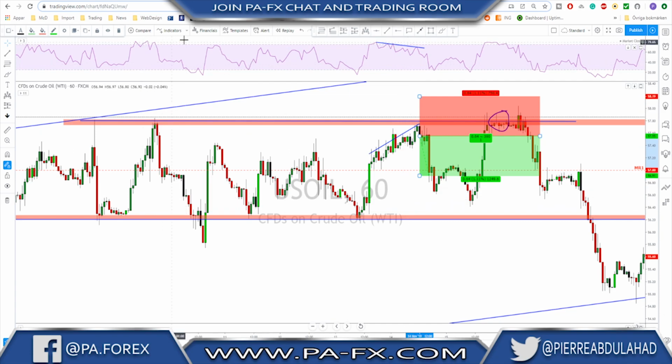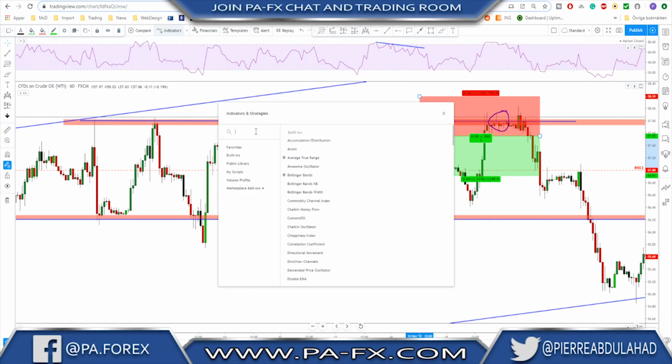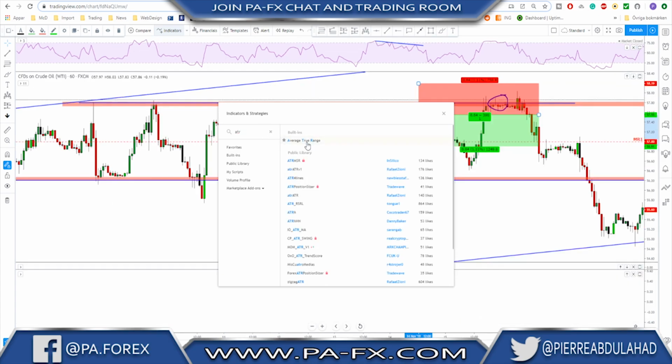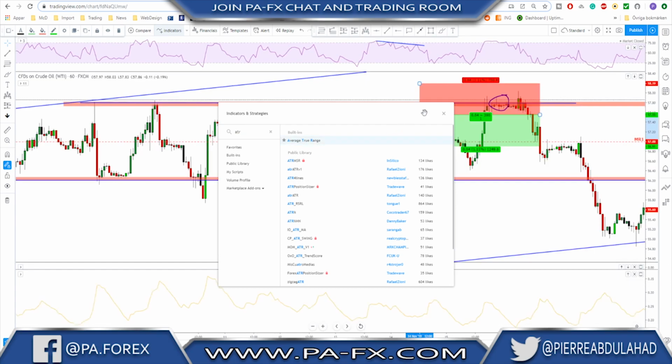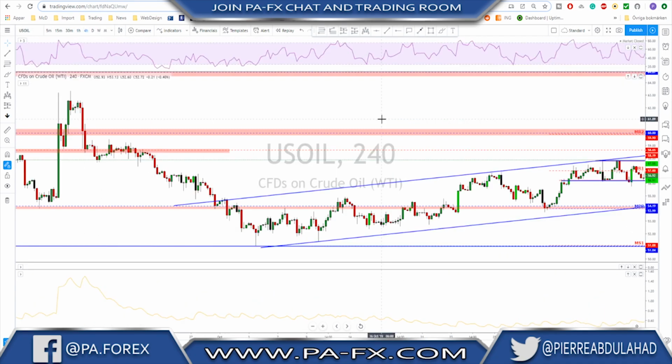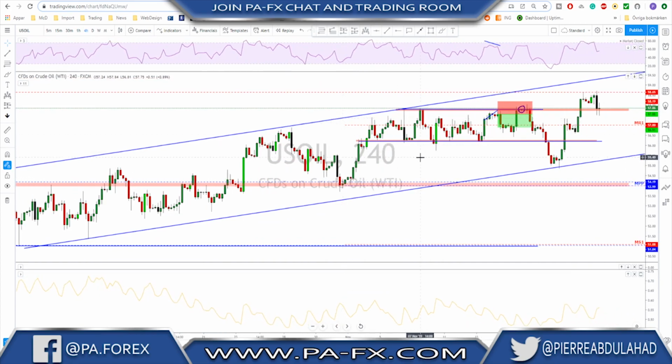Okay, so keep following. Let's go to indicators and bring in the ATR. Here we have it, average true range. I would put that on my screen during that period of time, and then I would go to the 4-hour time frame near the entry area here.